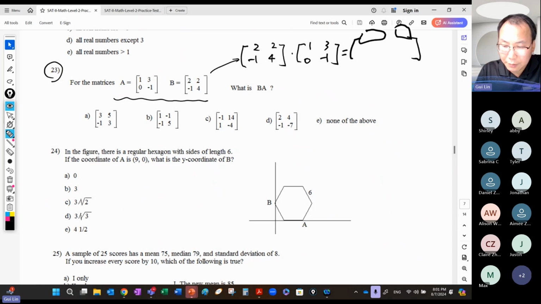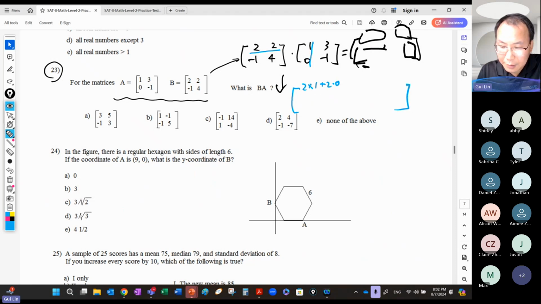So let's say we have 4 different numbers. Let me write down this part. So first, it would be this one times here, right? So you got 2 times 1 plus 2 times 0. What about the second one? 2 times 3 plus 2 times -1. Next, second row.